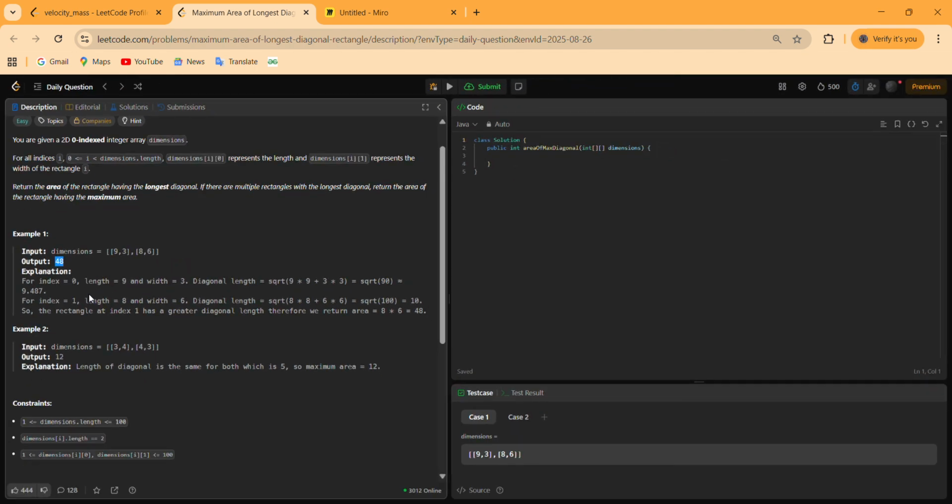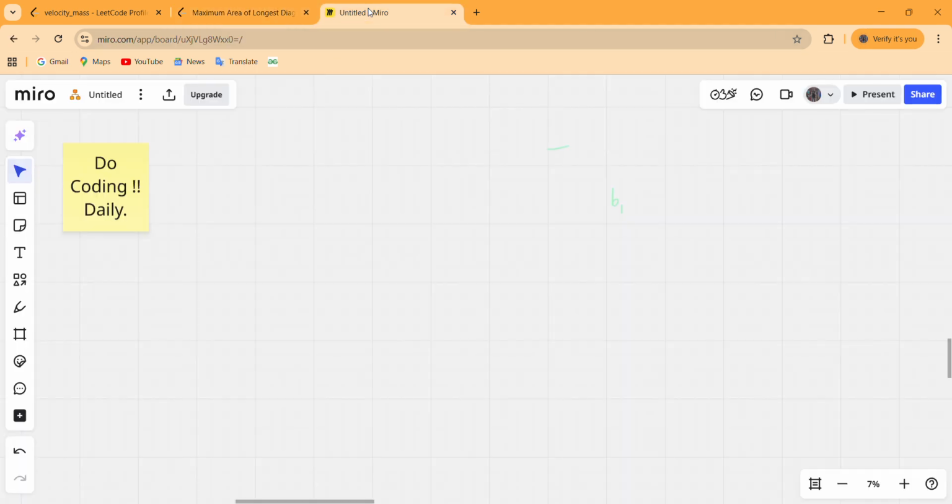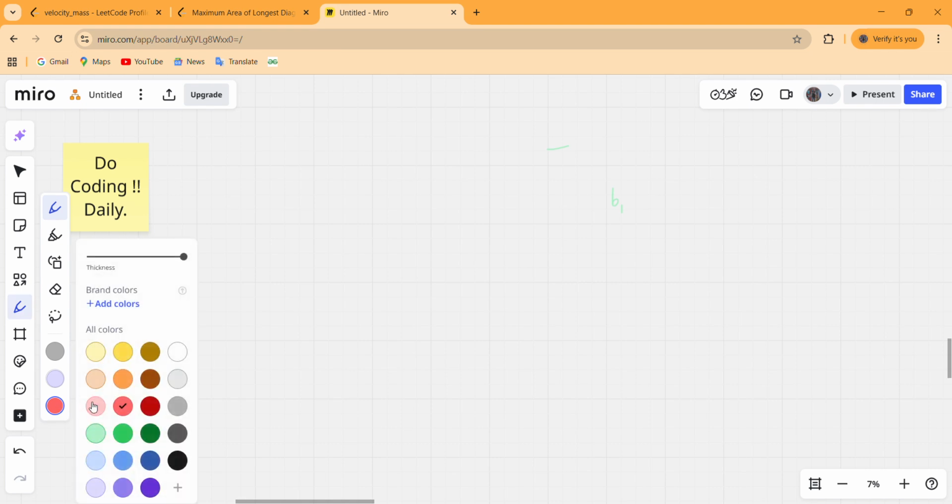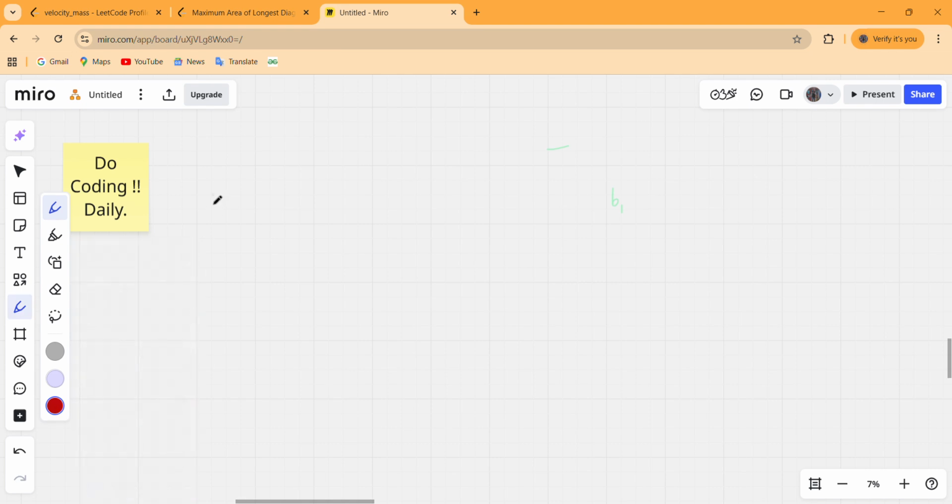Now let us first visualize our answer. Let us suppose if this is a rectangle that has the dimensions L cross B, then we know the properties of the rectangle, that opposite sides are equal and parallel to each other. So these will be L and B, and the diagonal will be like this.